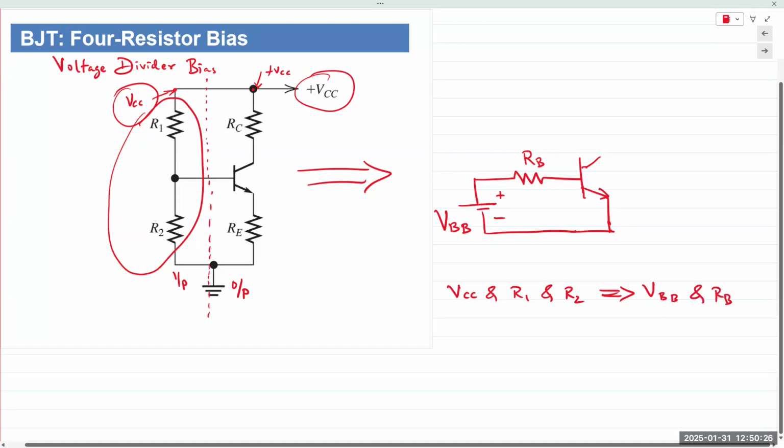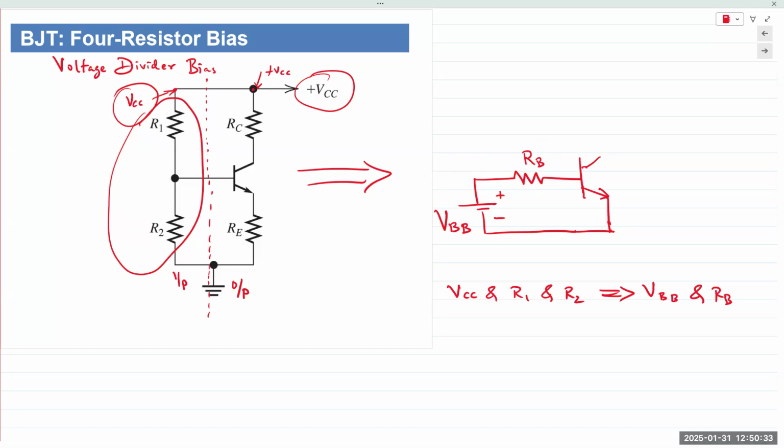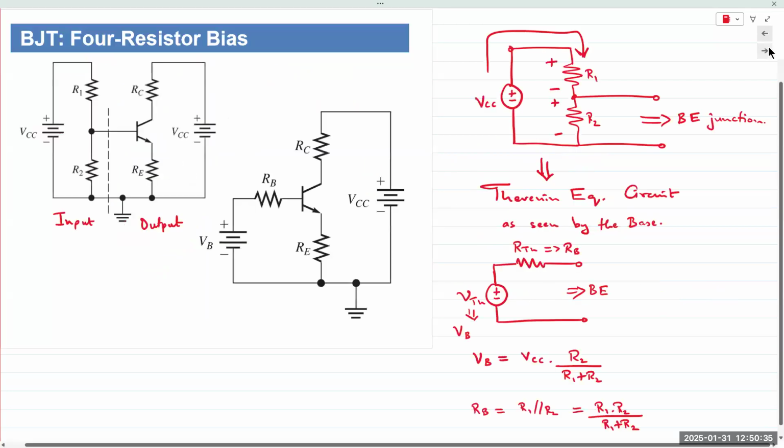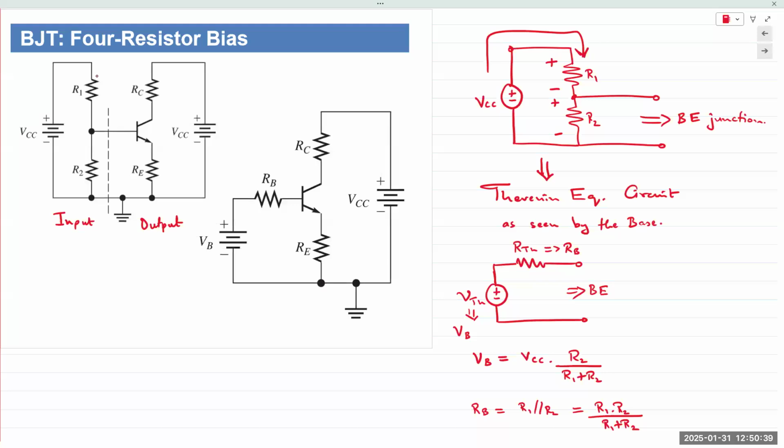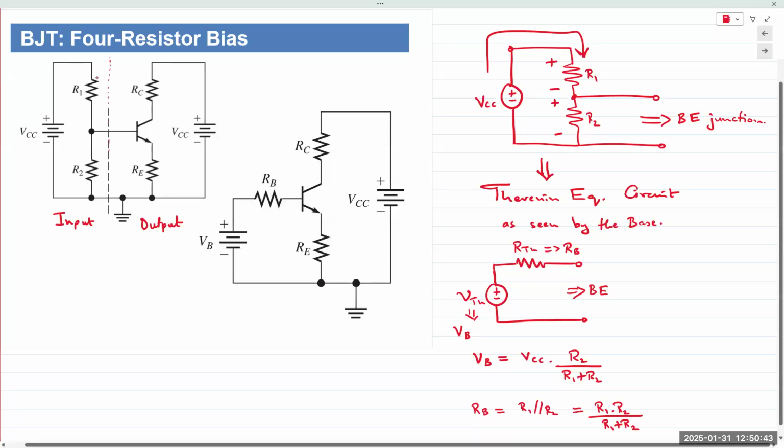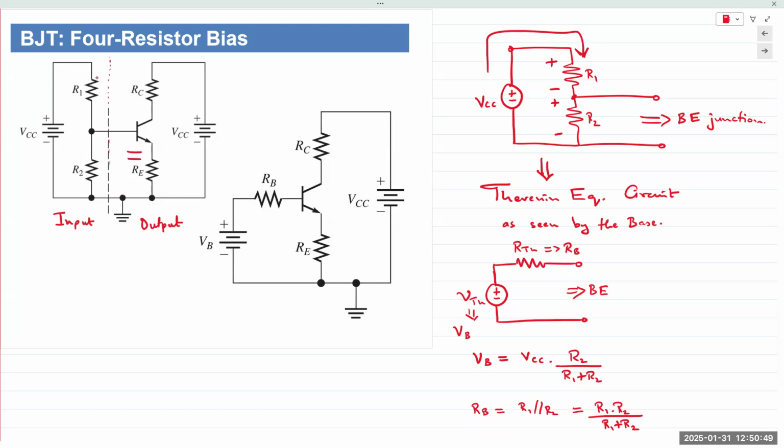And we do that by determining the Thevenin equivalent network as seen by the base emitter junction. Which means we will split up a circuit right here because we want to find the Thevenin circuit as seen from the perspective of the base emitter junction. It is still the same circuit, it's just redrawn in a different way.